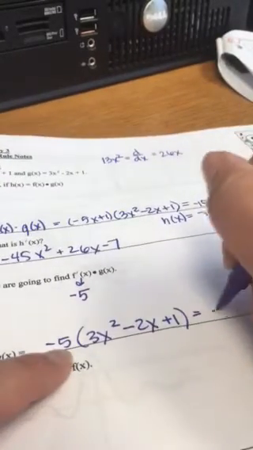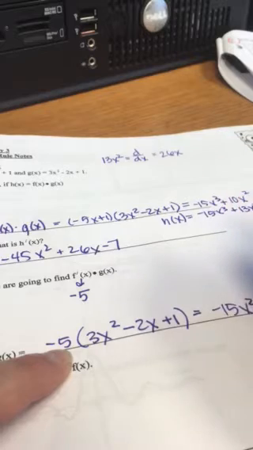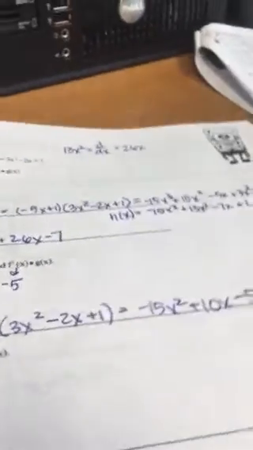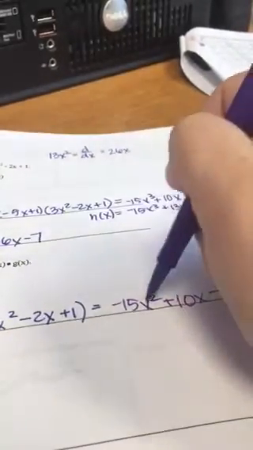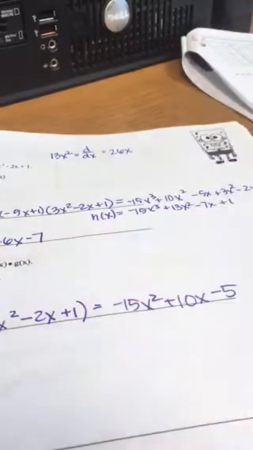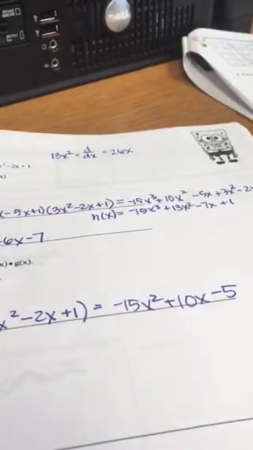I get what? Negative 15x squared plus 10x minus 5. Fine. And if you compare what we have up here, this is kind of similar to some stuff that we already have up there. That's fine.